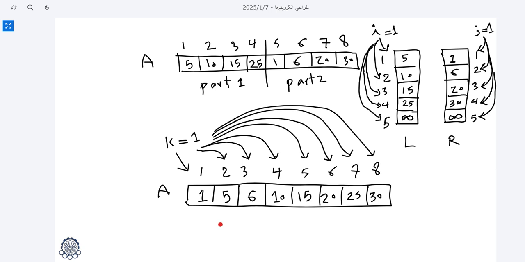Because in each step we copy the minimum one between the elements of L and R, the elements of L and R are copied into A from minimum to maximum, and they are in sorted order. Here we have 1, 5, 6, 10, 15, 20, 25, and 30, which is the sorted order of the original numbers.